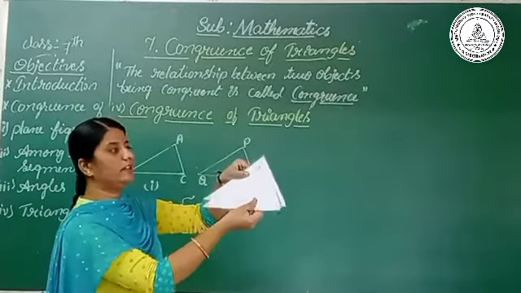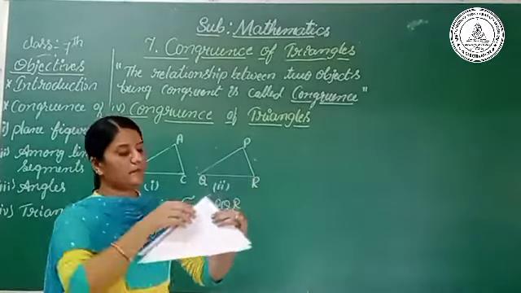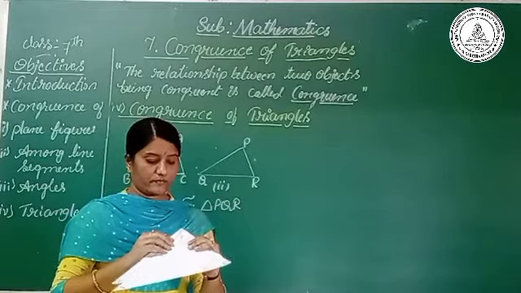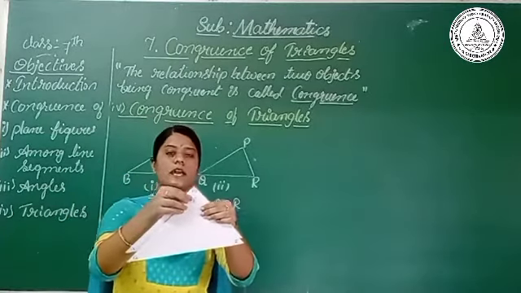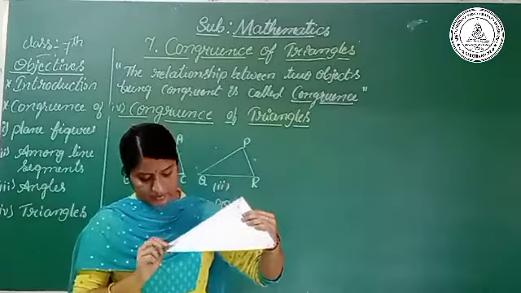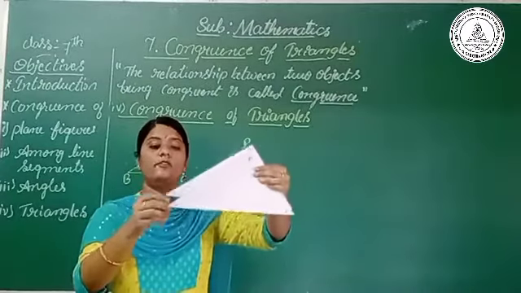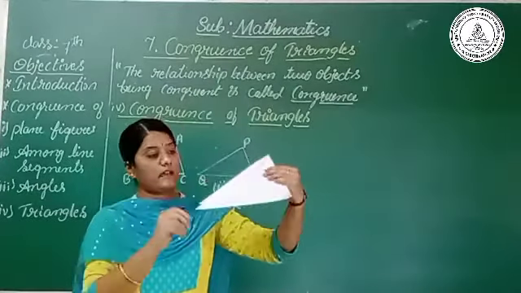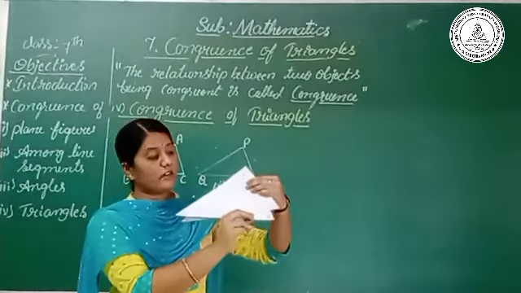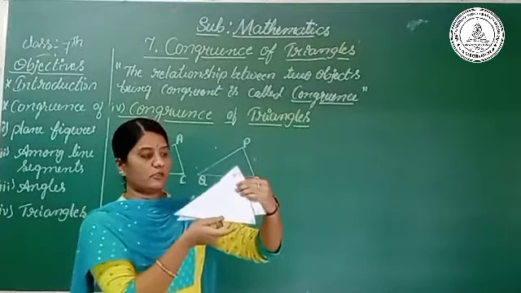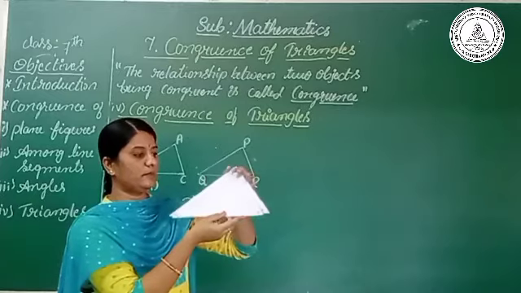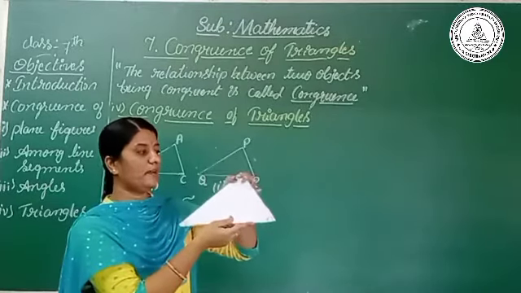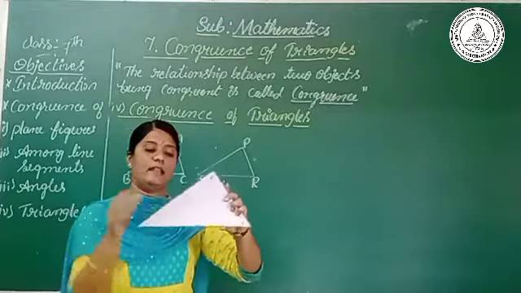Yes, you may see here the angle A falls on angle P, angle B falls on angle Q, and angle C falls on angle R. Now I will superpose them on each other, which means they match, they overlap.